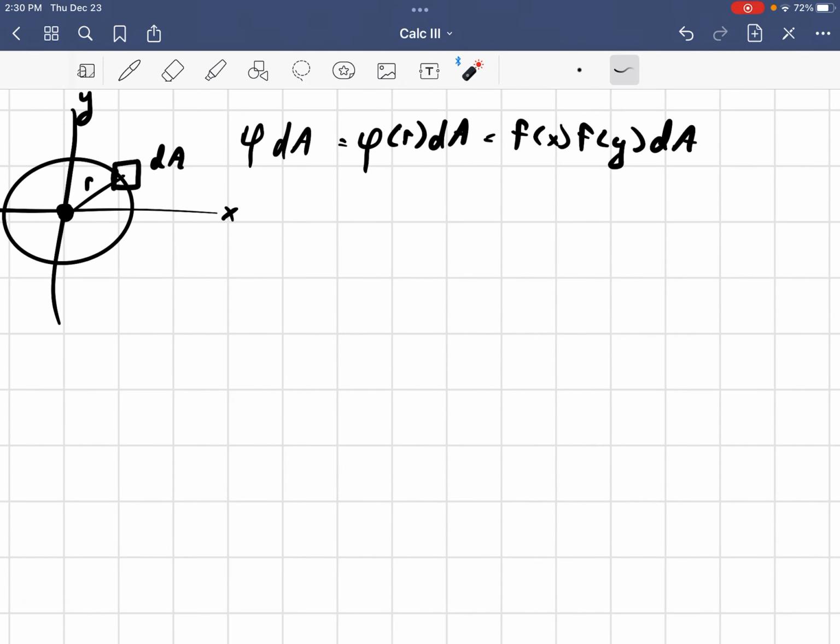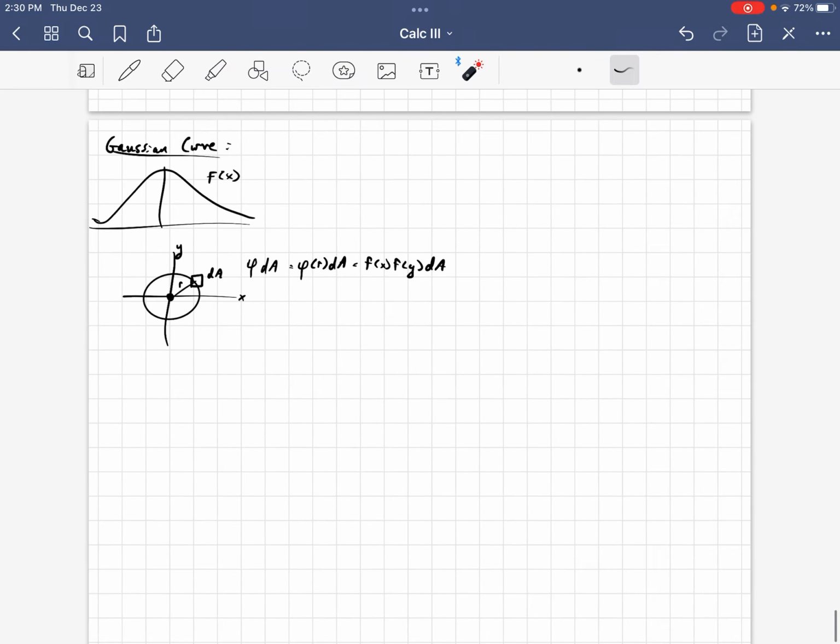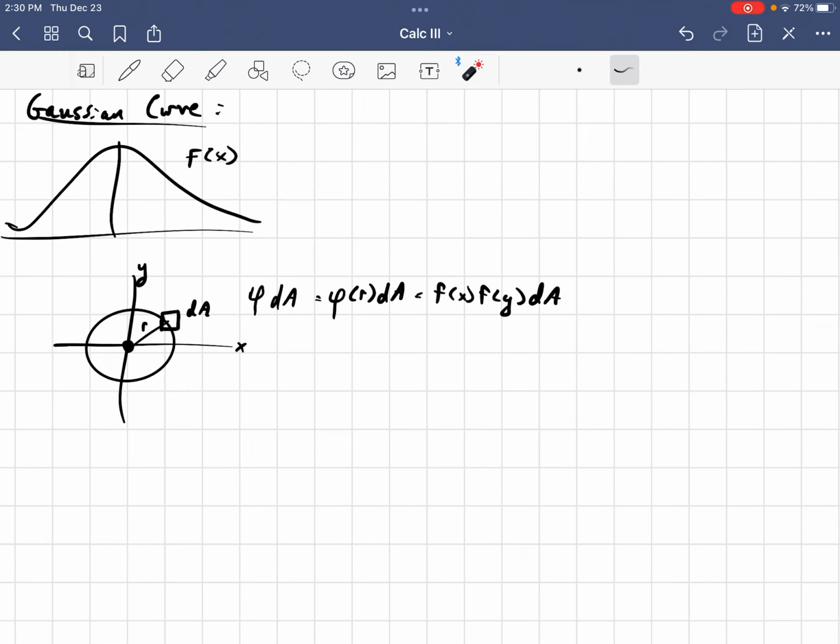And also on another note, why am I using this dartboard example? Another way you can think about it, if you're wondering how in the world I would have thought of a dartboard, is you could imagine that what I'm doing is taking this Gaussian curve, which lives in 2D, and essentially putting it in 3D, right?